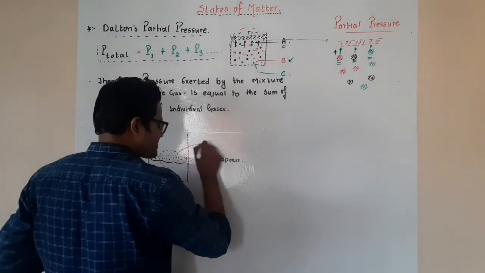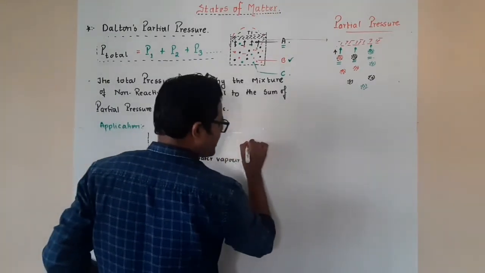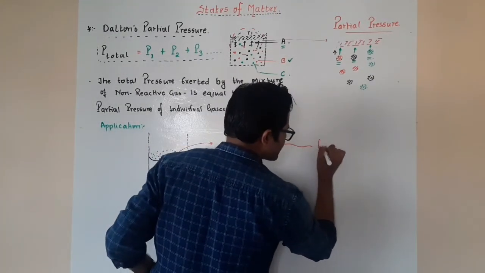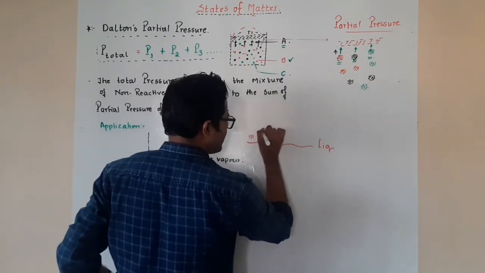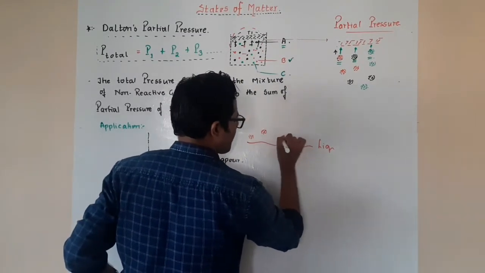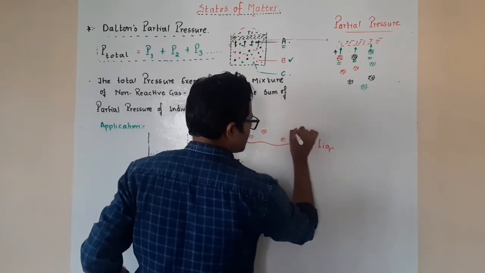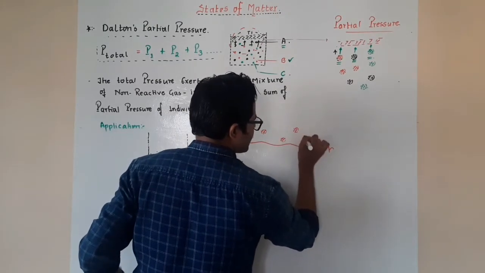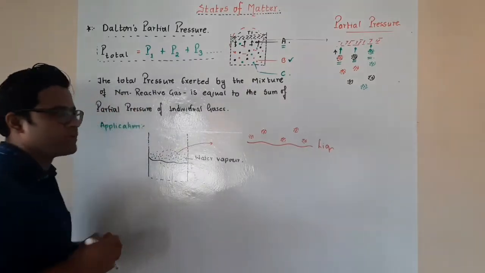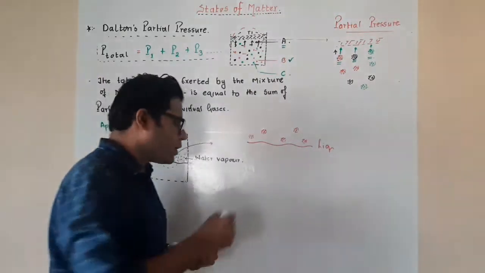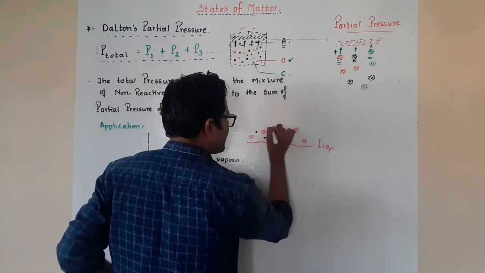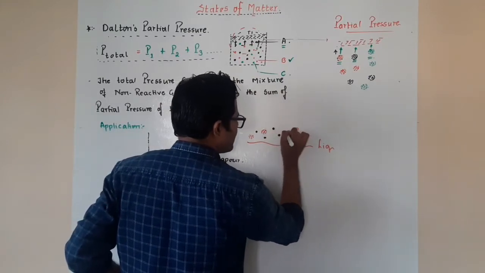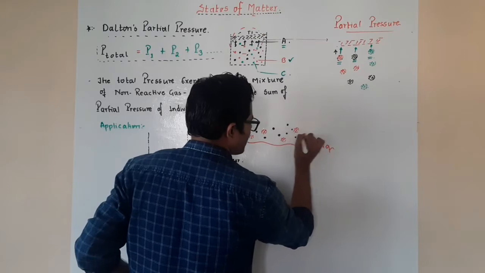So this is the liquid, as we have seen, and let's say these are the water vapors. Correct. Now, the second point, we also have the air molecules over here. Let's say these are the air molecules.